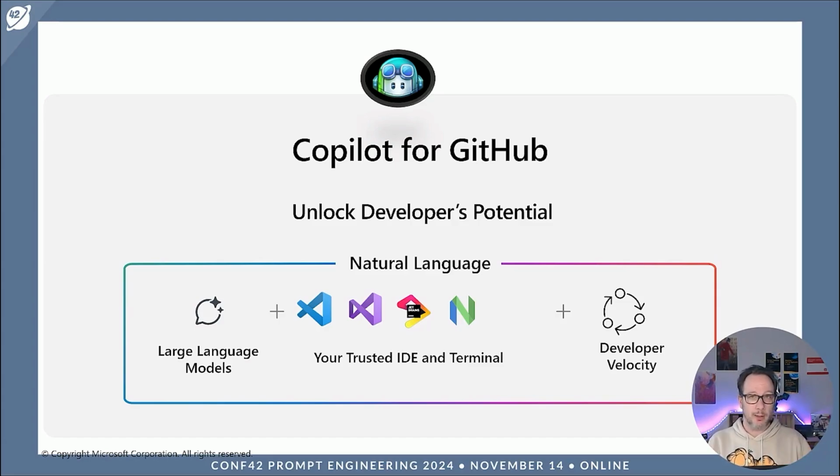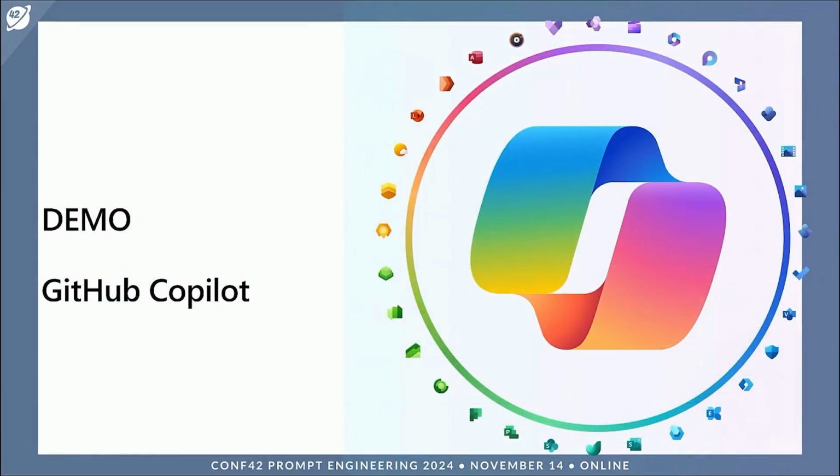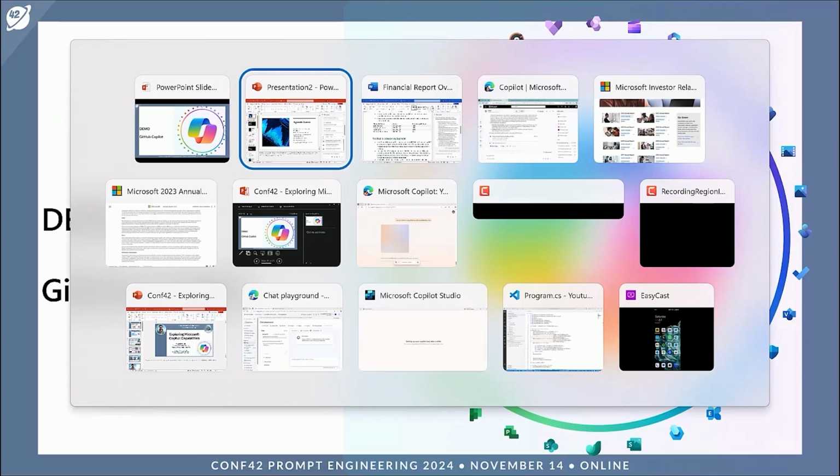Or why not have a scenario where you might be the new developer on the team, you need to jump into an already existing project, and you want to learn what's actually happening there. So that's a few examples that I'm going to try and show you in my next GitHub Copilot demo.